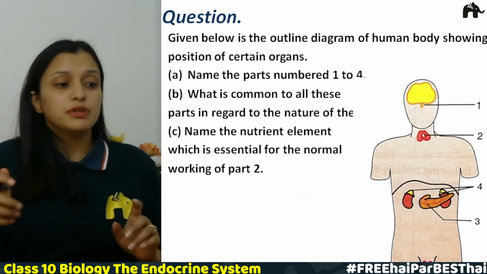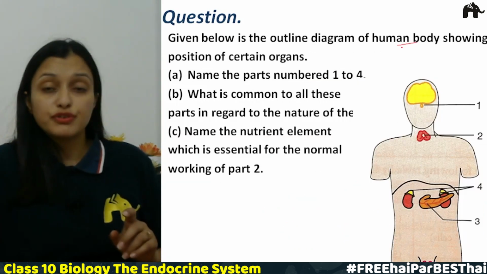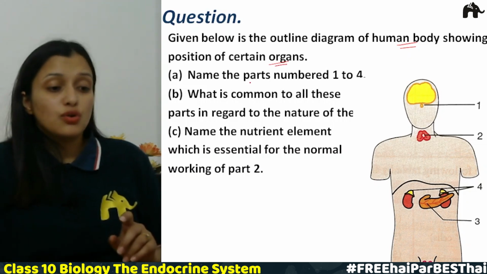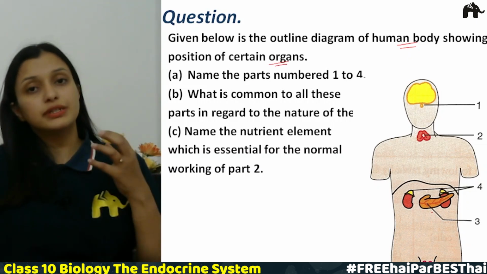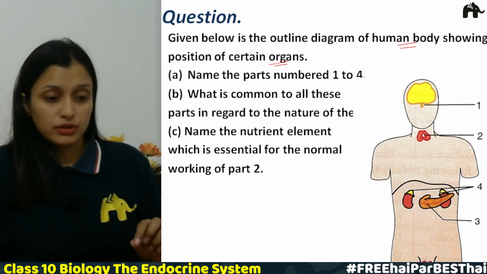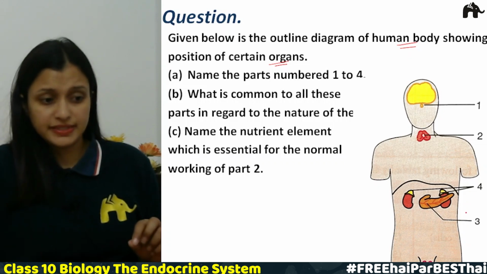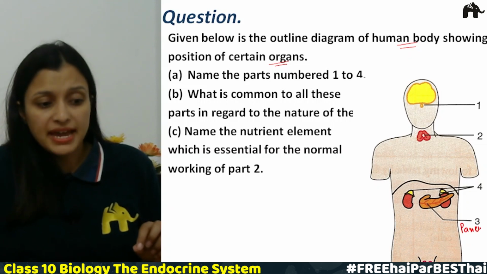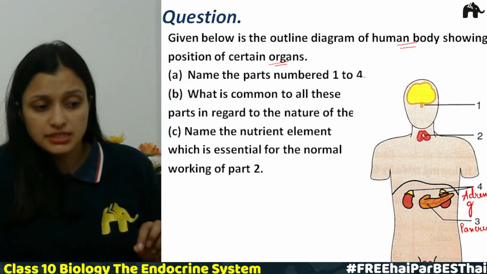The next question: given below is the outline diagram of the human body showing the position of certain organs, 1, 2, 3 and 4. Name the parts numbered 1, 2, 3 and 4. So this is 4 and this is 3. 3 is the pancreas, right? 2, above the kidneys, are the adrenal glands.